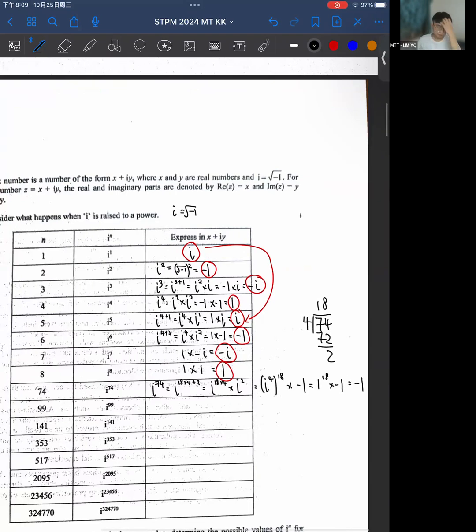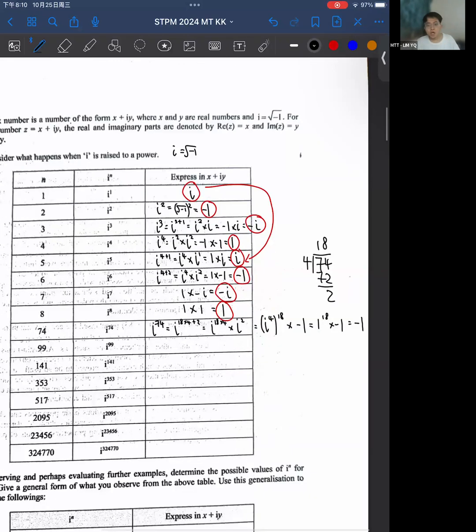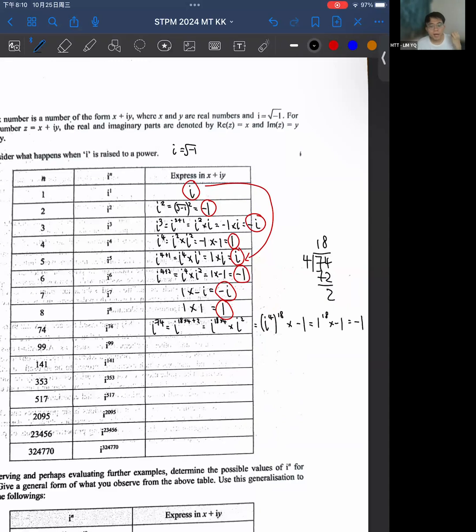So it looks like you can generate a pattern already. So what is the pattern? Divisibility by 4. When you divide by 4, you look at the remainder. If the remainder is 2, then it is the same as this one.